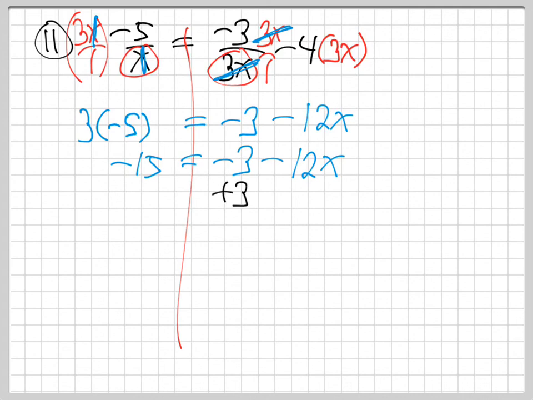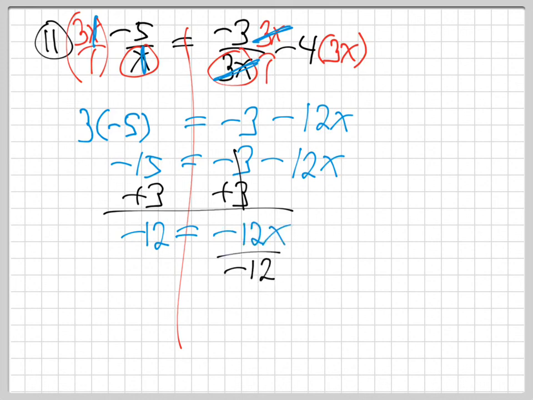What do we do? We add 3 to both of those, and we get minus 12 is minus 12x. Last step to get x alone. Divide by minus 12. X is 1. There we go. So it's always about getting rid of the fractions, the denominators first.